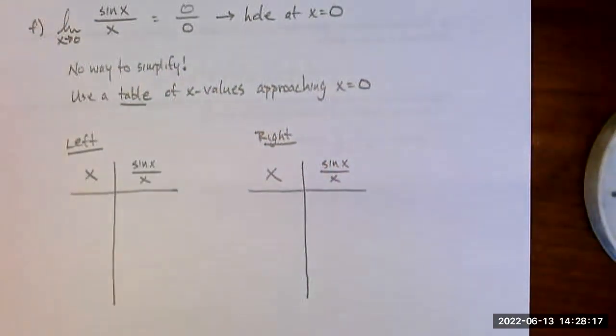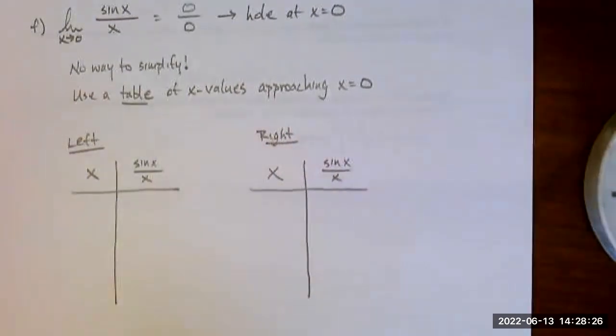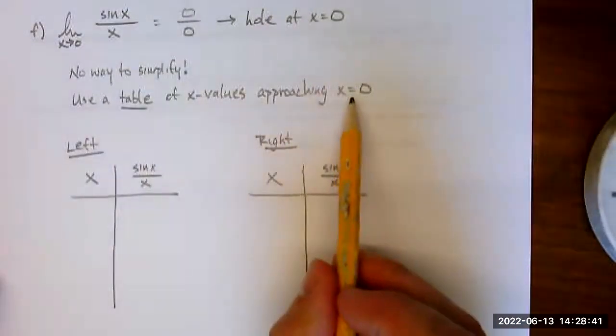When you create a table, you want to use at least 3 x values for each of the left and the right, because we want to get a sense of how the function is changing as the x value is changing, in that idea of approaching. So notice that we are approaching x equals 0.